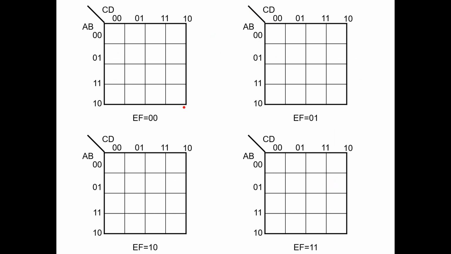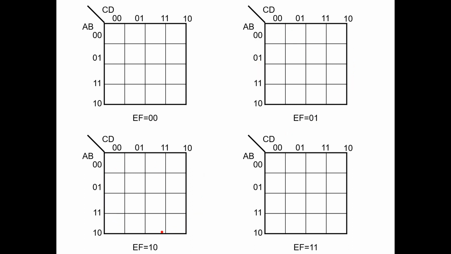And for six input variables, in this case A, B, C, D, and then E, F. These 16 cells have the value of EF equal to 0, 0. These 16 cells have EF equal to 0, 1.